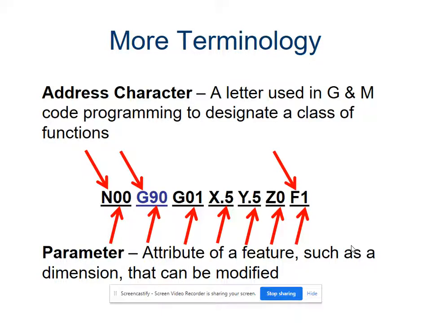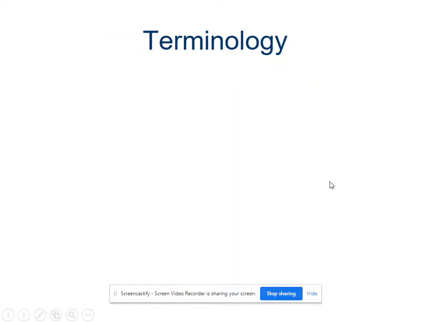The numbers are what they call parameters. They're the attributes of a feature such as dimensions, and they can be modified. We can't modify the N's and the G's and the F's, but we can modify the things that follow them to suit our needs.